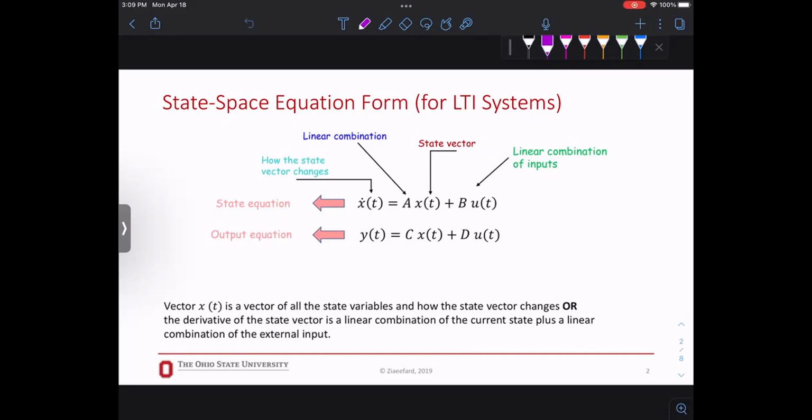Basically, my output is equal to a combination of my states, or let's say it's just based on position, based on velocity, or a combination of both of them. So you can measure both of them. You decide what you want to look at, or what you can measure. You look at your system: I have a temperature sensor, I can actually read the output. You put that in your y equation.